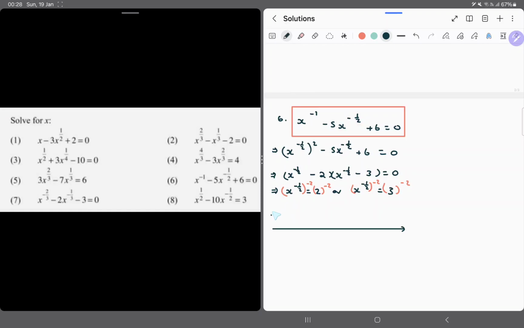And then we do what we did. As long as it gets us what we want. X is going to be a quarter, or X is going to be a ninth. Okay, let's check it. Let's start with the ninth.